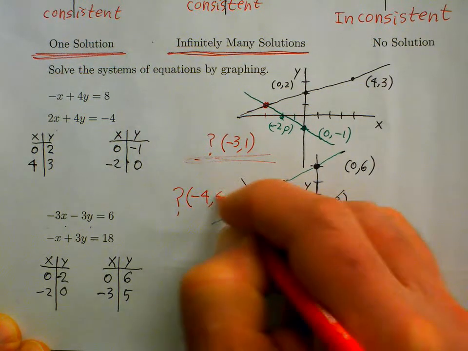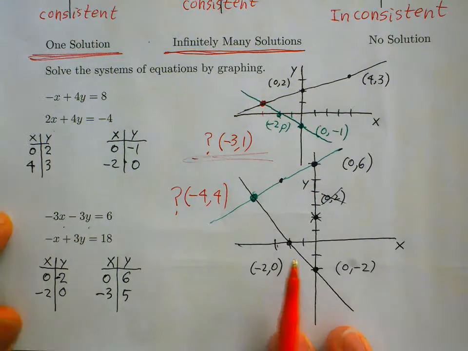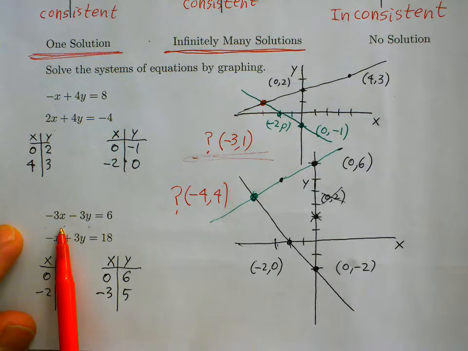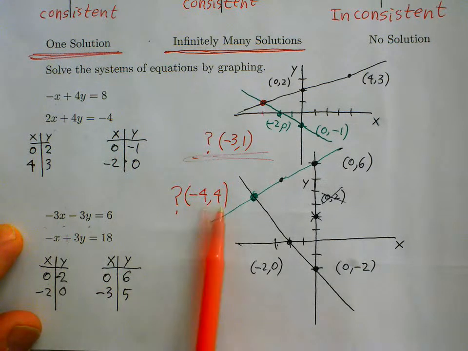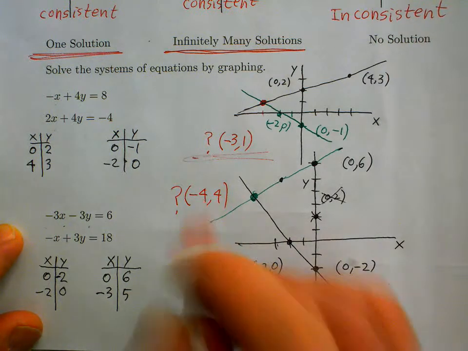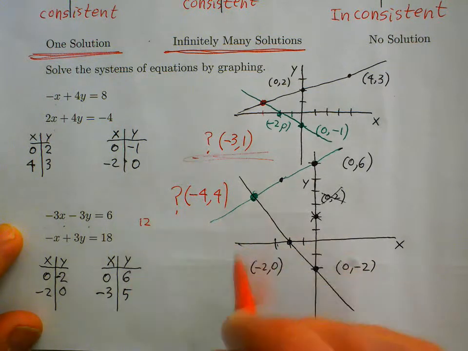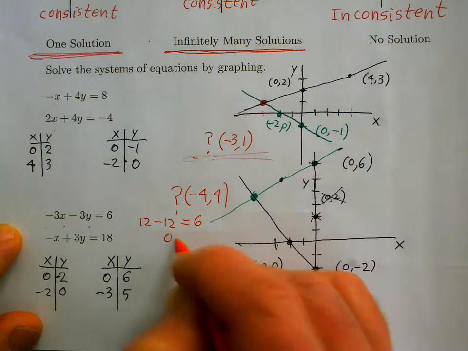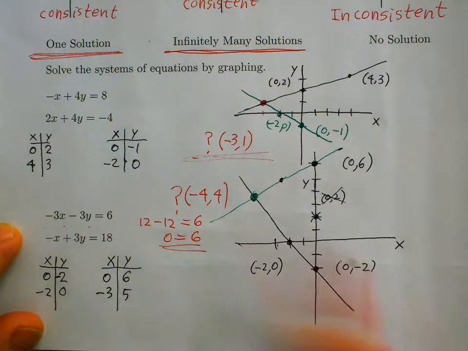Well, if we were to test (-4, 4) in the top equation, let's see, -3 times -4 is 12, and then -3 times 4 is -12, so 12 minus 12, 0 equals 6. Well, that's not true.